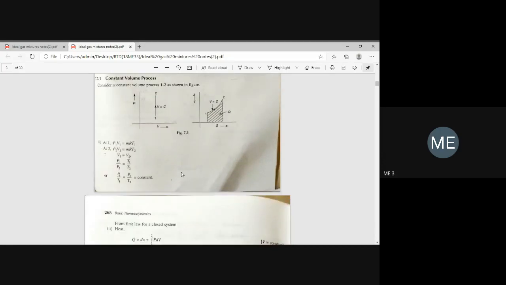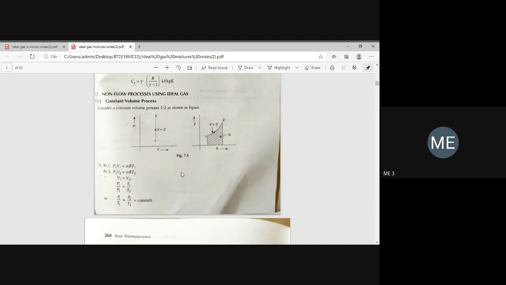Just for recall, I'll repeat once again. For the constant volume process, the PV diagram is like this, and the TS diagram is like this. That's why you should practice PV and TS diagrams. At state point 1, P1 V1 equals MRT1. At state point 2, P2 V2 equals MRT2, and V1 equals V2.